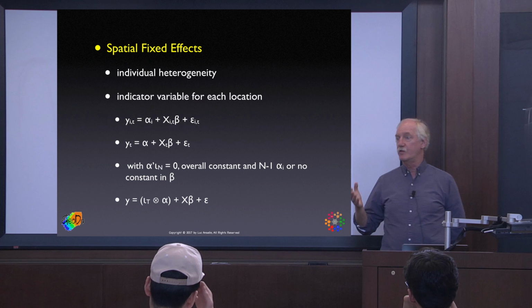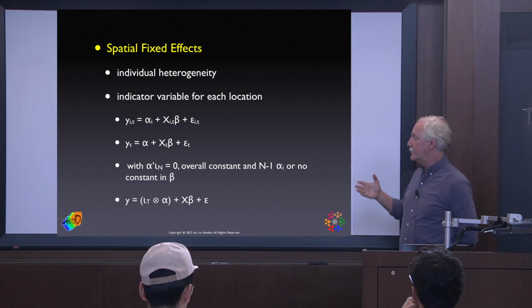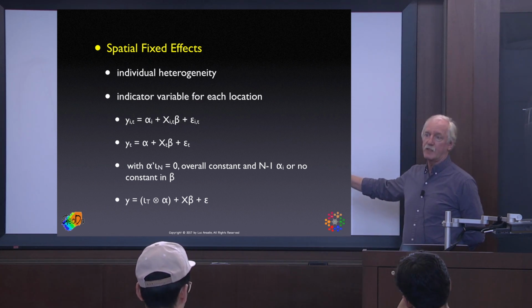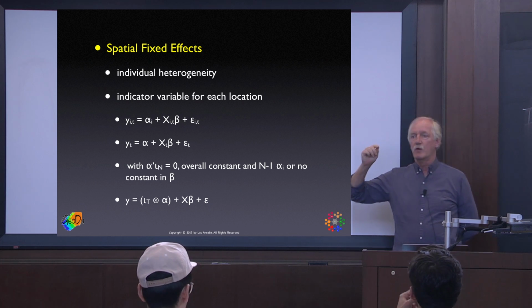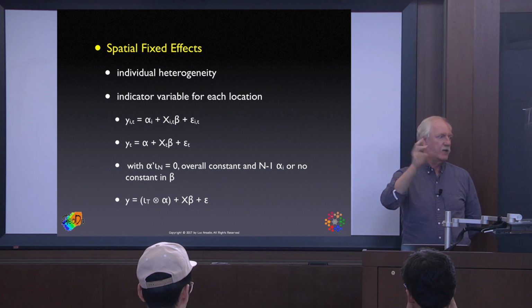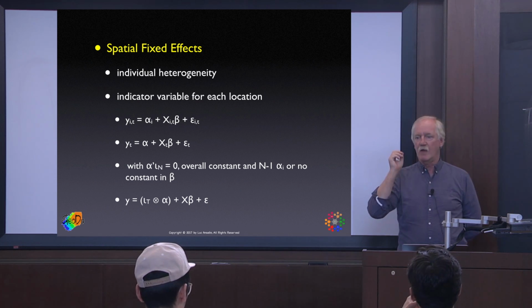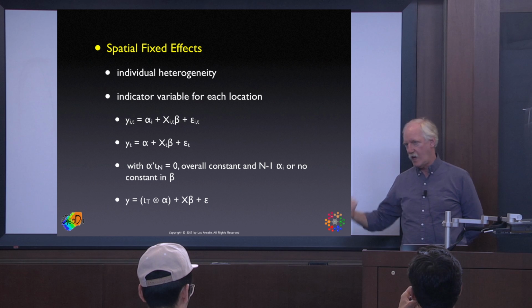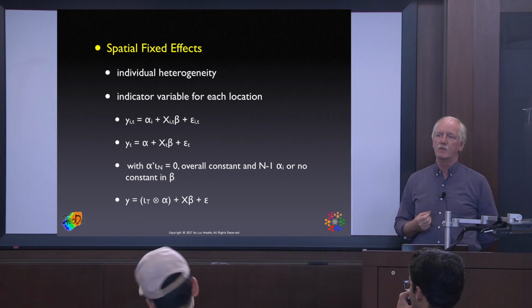The other alternative, which is a little easier to do, is to keep your overall intercept and then have one less individual dummy. So you take one location, one region, one individual as the benchmark, and then you have dummies for all the other ones.